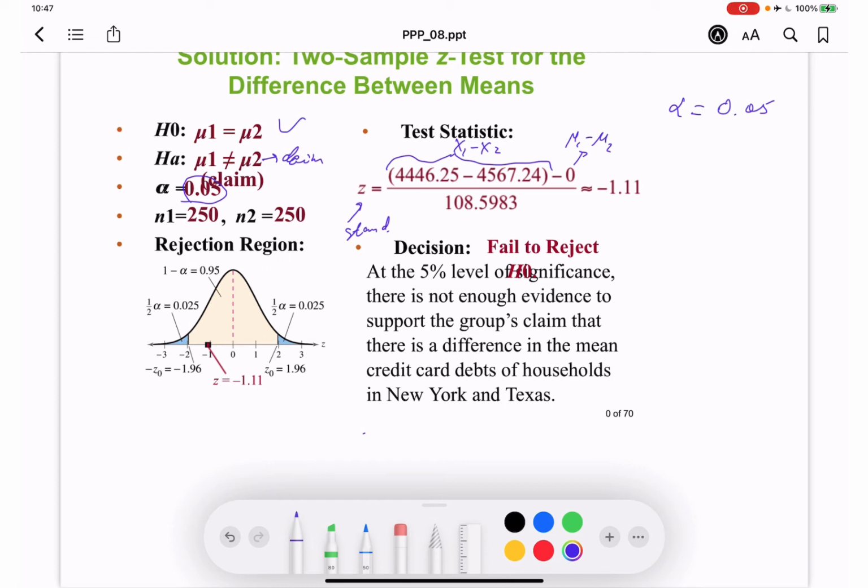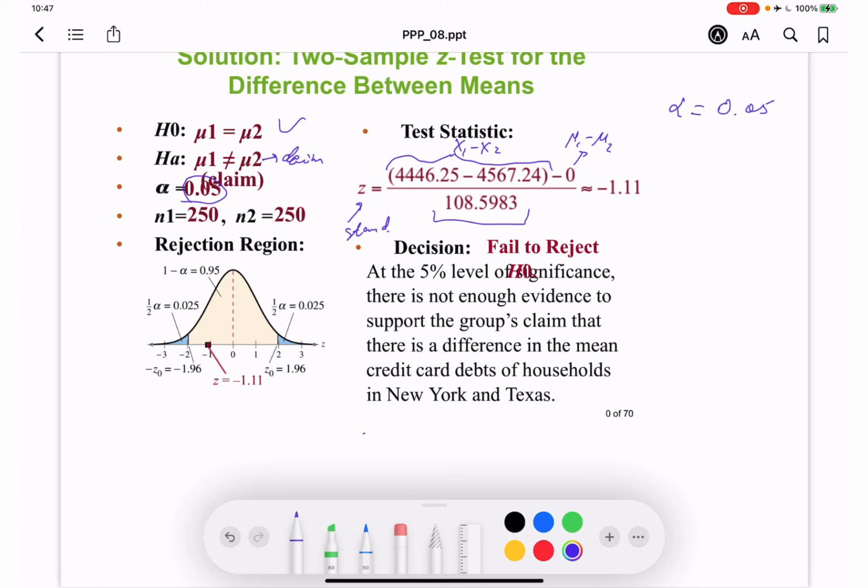And we divide by sigma x, the standard deviation for the difference of two samples. I'll put a link to a calculator to figure out the sigma easily. The z-score we get here is negative 1.11.